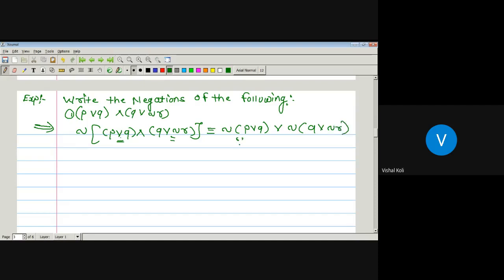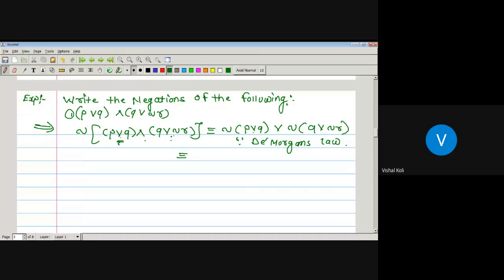Which law is this from? It is from De Morgan's law. De Morgan's law says that if P and Q are two statements, then negation of (P and Q) is nothing but negation of P or negation of Q. So this will be P and this will be Q, then its negation will be negation of this one or negation of this one. Again, we have to use De Morgan's law.